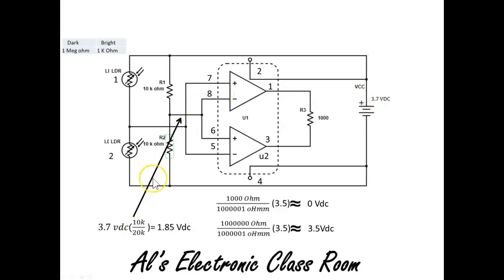When I do that, I get a voltage of 1.85 volts. That's static. That's not going to change. So these two terminals of the comparator will always have a reference voltage of 1.85 volts applied to them.